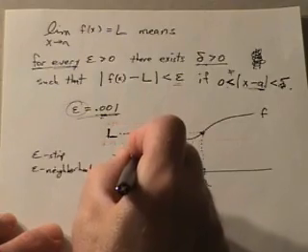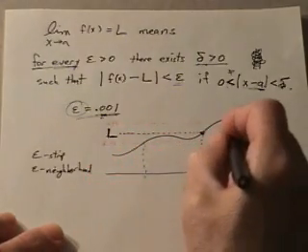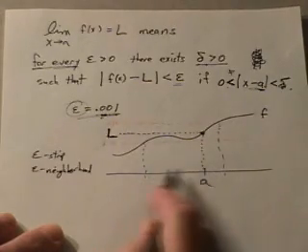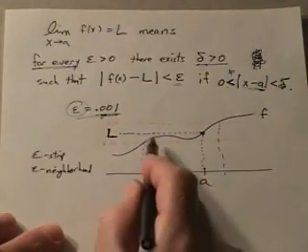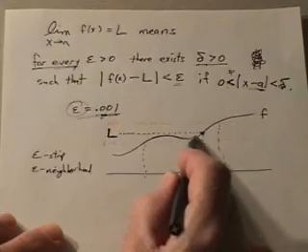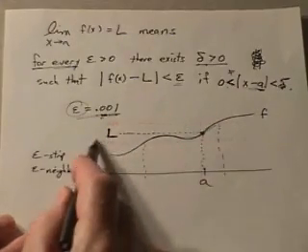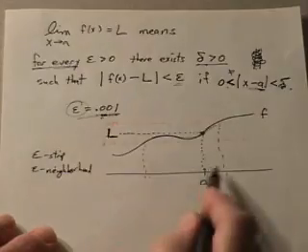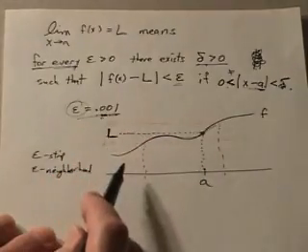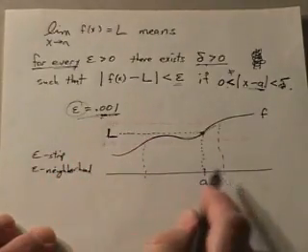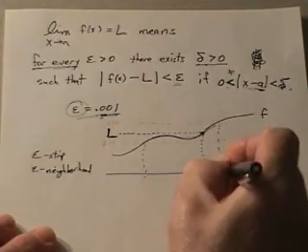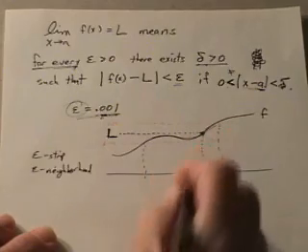If I am this close on the left and this close on the right, as long as my x's are within here, then the y values obviously are within the epsilon strip from L minus epsilon to L plus epsilon. So this is where my x's have to be in order to get within the tolerance. If I want a symmetric interval around A, then I have to pick from here to here.